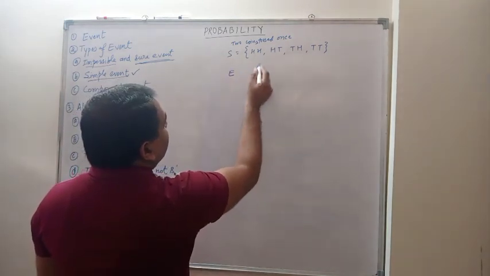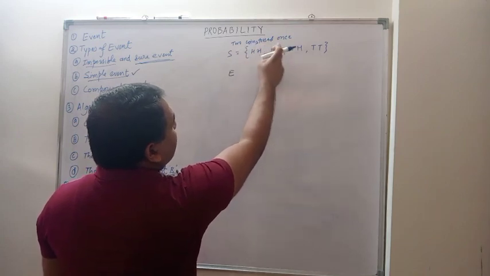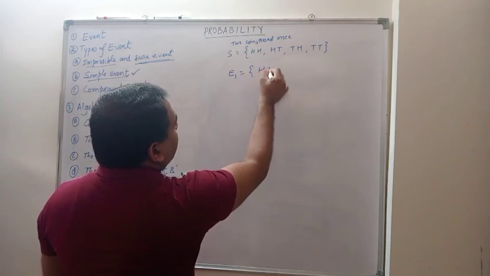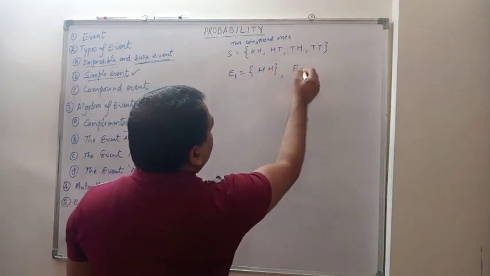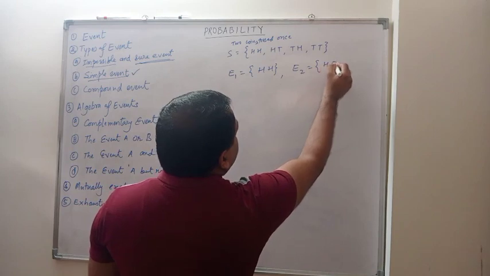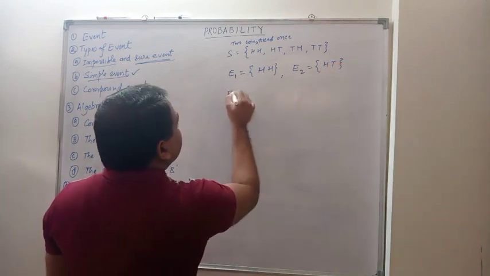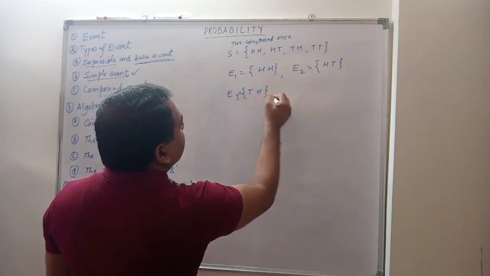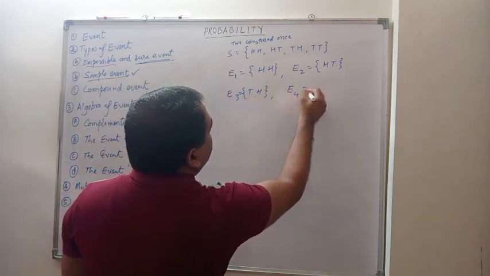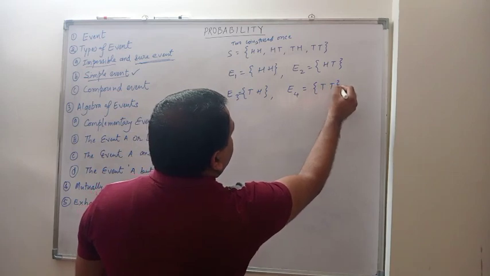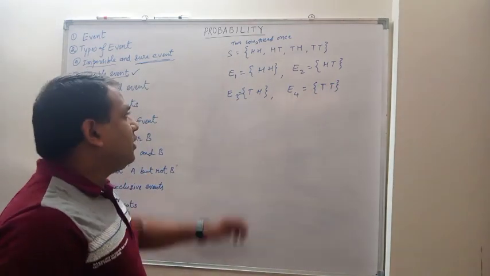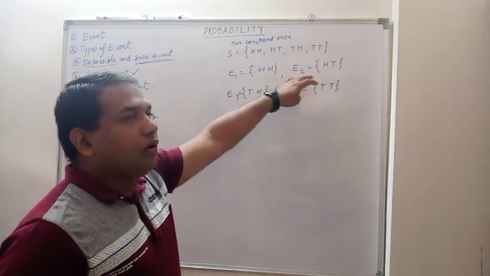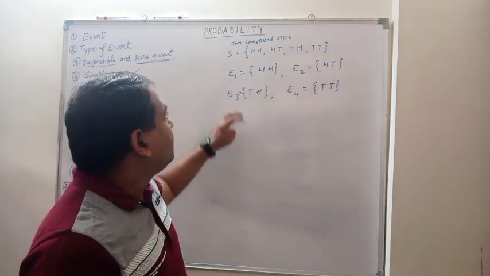In this case, two coins are tossed once, so we have E1 as HH, E2 as HT, E3 as TH, and E4 as TT. These are known as simple events, as each has only one sample point of the sample space.